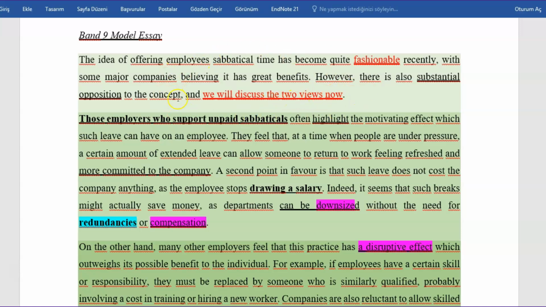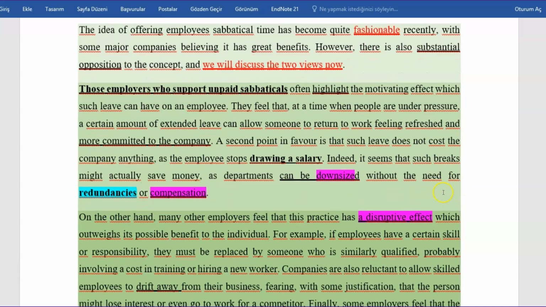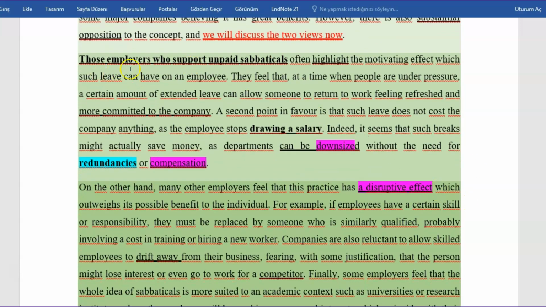Actually, here we state and show the examiner what we are going to do in the next paragraphs. Those employers who support unpaid sabbatical, please pay attention to how we are going to report our views, often highlight, often show, often demonstrate, often point to the motivating impact which such leave can have on an employee.